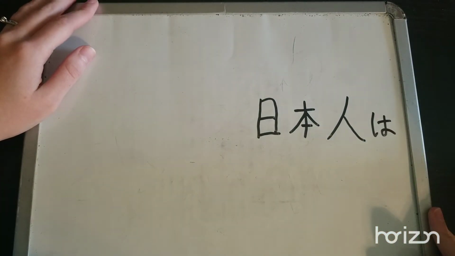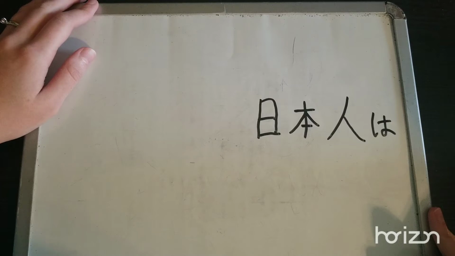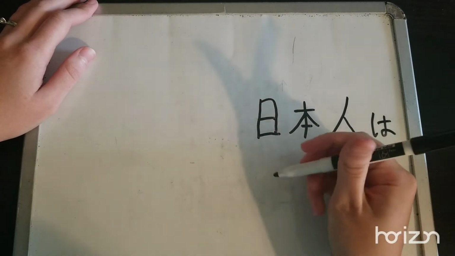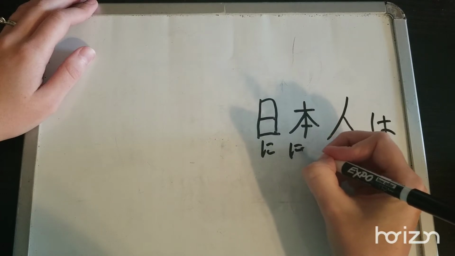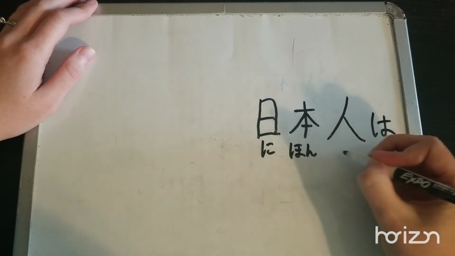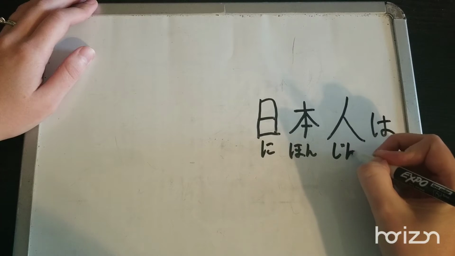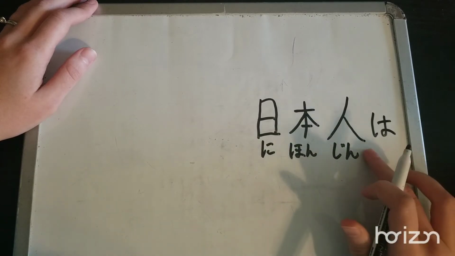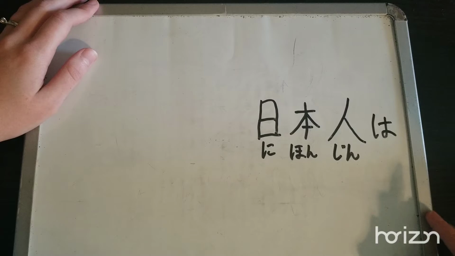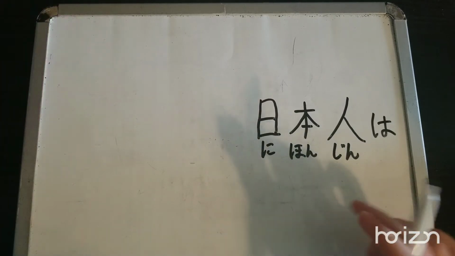But what about this? Can you guess? You should be able to guess. Nihon-jin. So one of the alternative pronunciations of this is jin, and that's the case whenever this kanji for person is acting as a suffix after a country name.